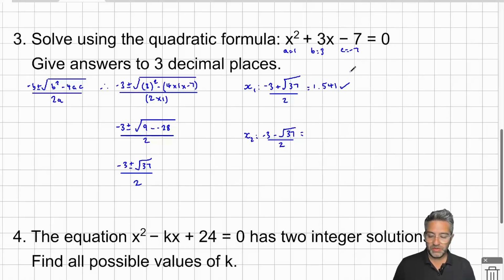Minus 3, subtract the square root of 37. Divide by 2, change the format of my answer to a decimal, and to 3 decimal places, I'm getting minus 4.541, like so.